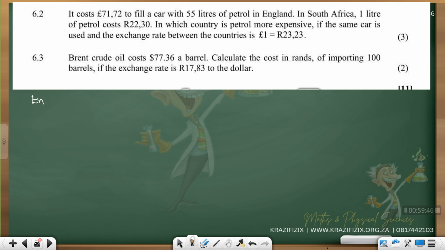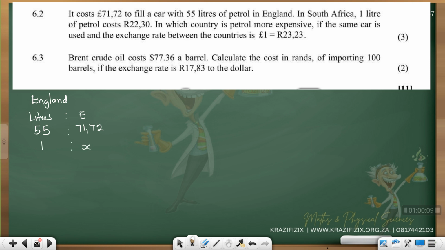Okay, so let's go back to the question. In England, look at this. Litres of petrol and the price, 55 litres, I would use 72 pounds. What about 1 litre?